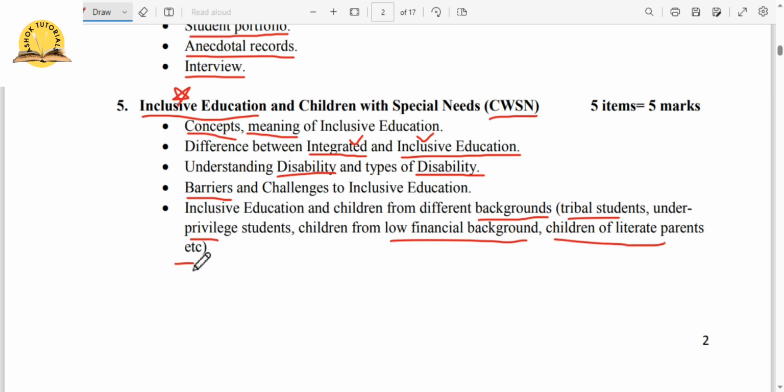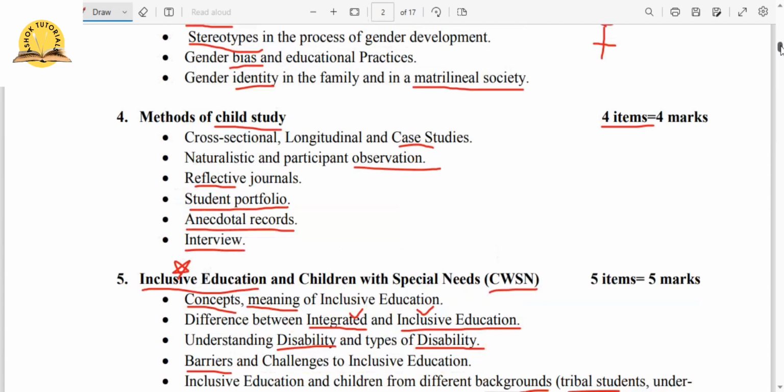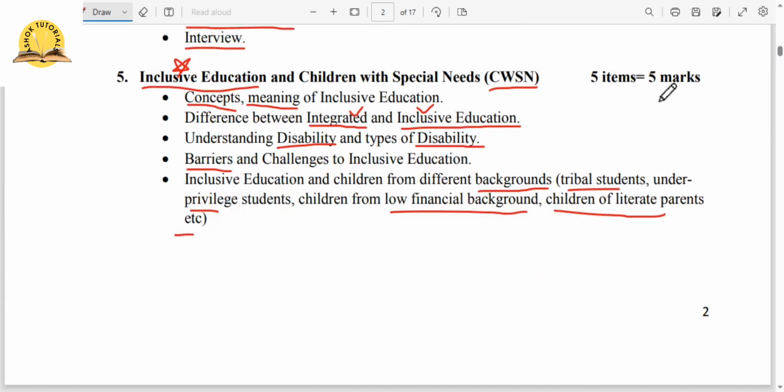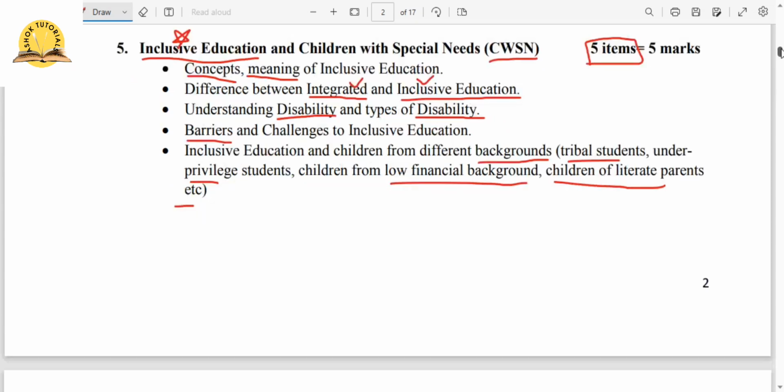All right, so different types of children who are especially able. So all these different categories of children we will be studying in this particular topic, that is inclusive education and children with special needs, right? Well, this unit is for 5 marks. This is a very interesting topic, unit. So try to put your time and energy here, right?